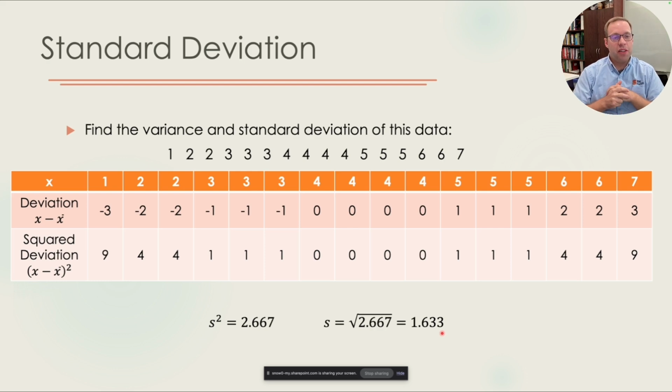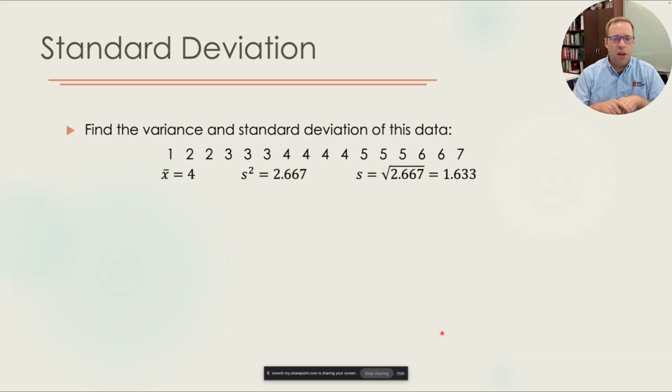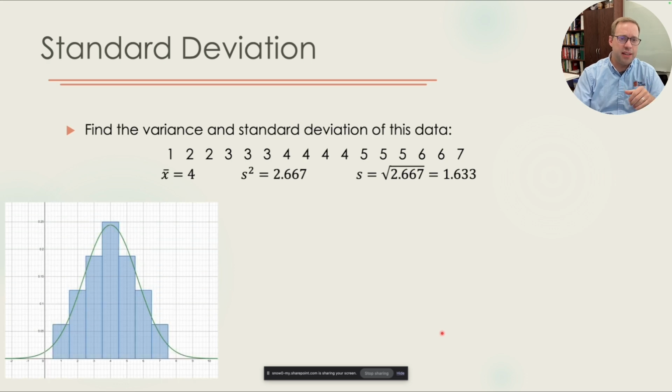Except for the question, what does it mean? How am I supposed to interpret a standard deviation? Well, here we've got the mean of 4, the variance of 2.667, and a standard deviation of 1.633. Let me show you a few graphs for this data set. So in this graph here, the blue bars are a bar graph of each value in our data set.